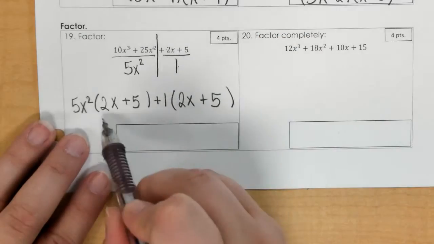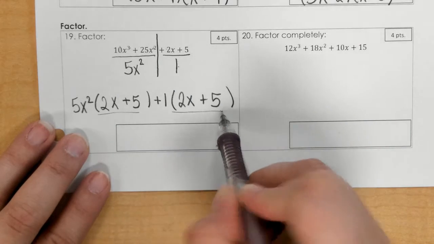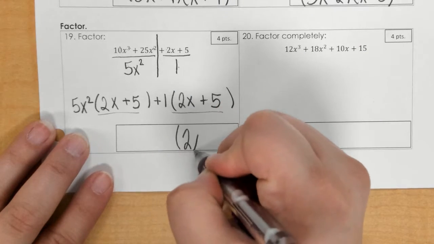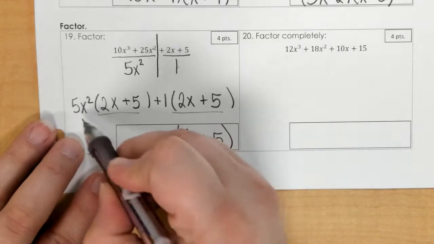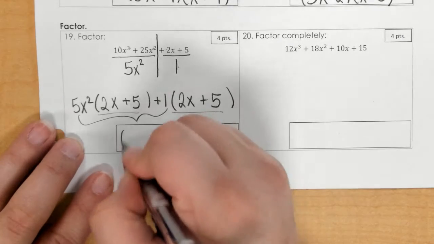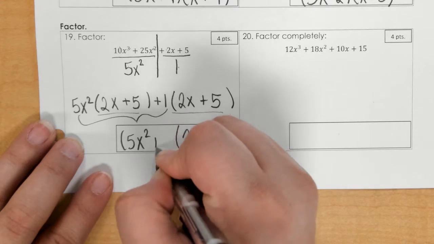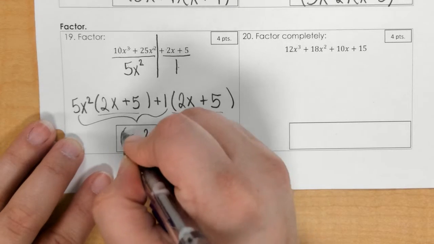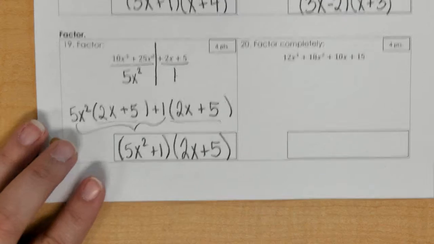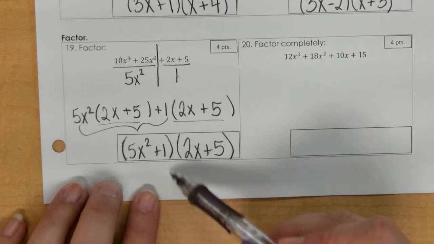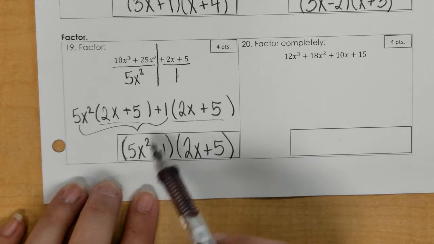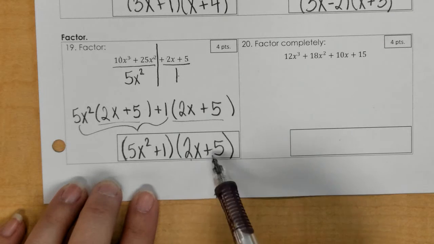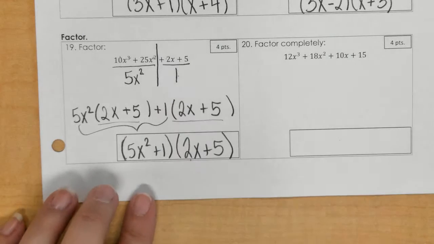So now that I see that I have the same thing twice here, I can write that down. And then I bring my two GCFs together to make another set of parentheses. And don't forget, if you wanted to check it, if I did the 2 by 2 box here, or I did FOIL multiplying these and then multiplying the 1 times these, I would get back to this answer.